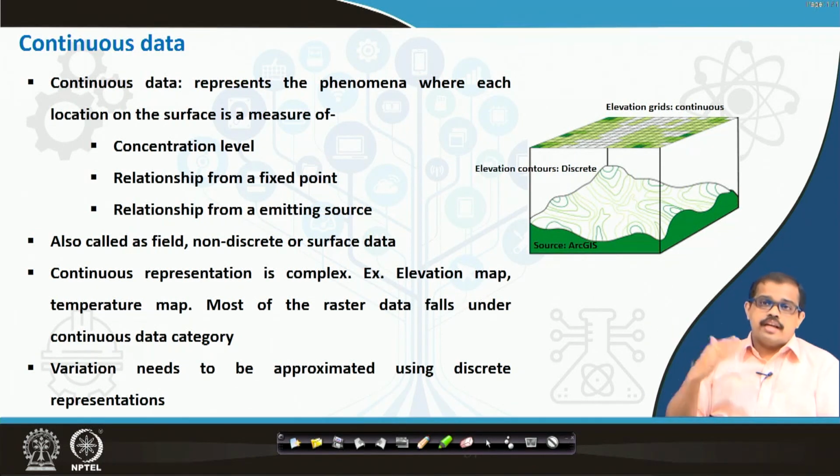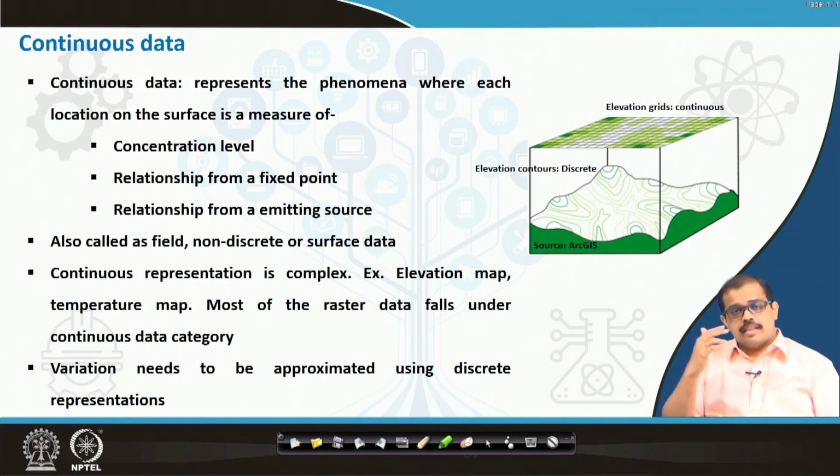If you are looking at remote sensing data, it can be a relationship with the emitting source, because the light reflected back, once you remove all other interferences, is the energy that actually reaches the sensor and is recorded as a value in a pixel.